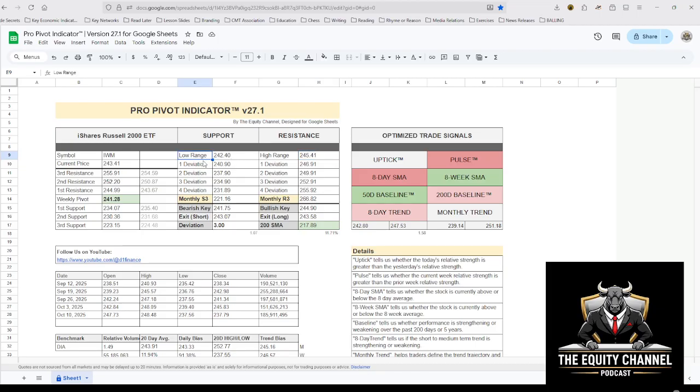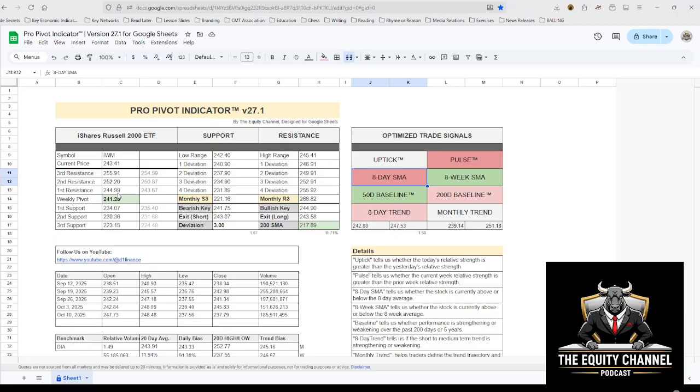Okay. So again, when you get far above the range or far below the range, chances are you're heading back towards the range, and that's where this 8-day SMA can really help you without really having to just stare at charts all day. Right? Now, here's the other idea here. The other idea is the weekly range.